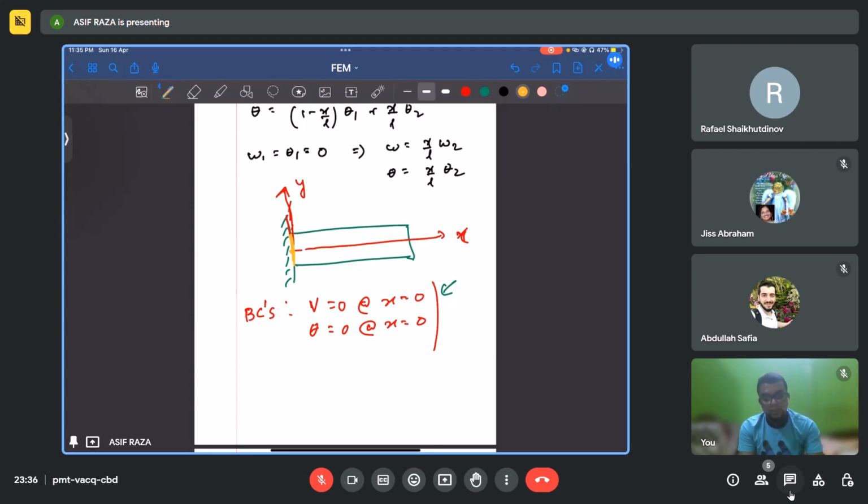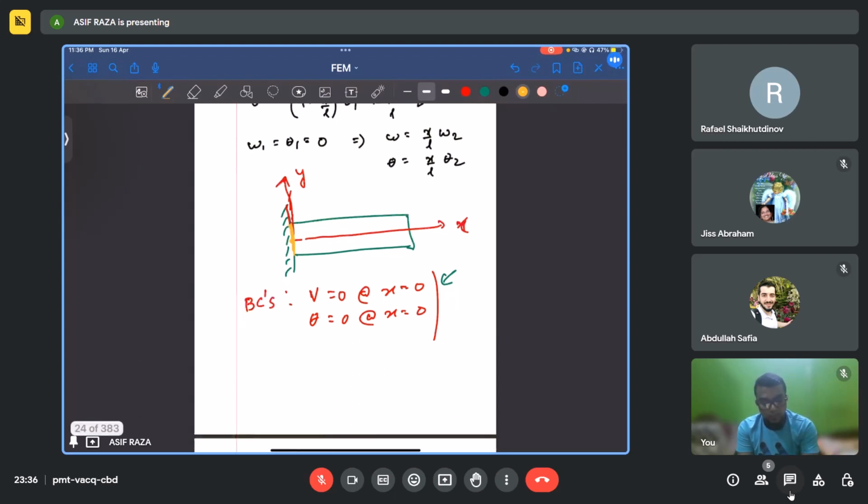One way people take is to impose these conditions at the point x equal to 0 and y equal to 0. The other way, they will impose this condition throughout the line in a rough way, like in an average sense, in a summation sense of v equal to 0.